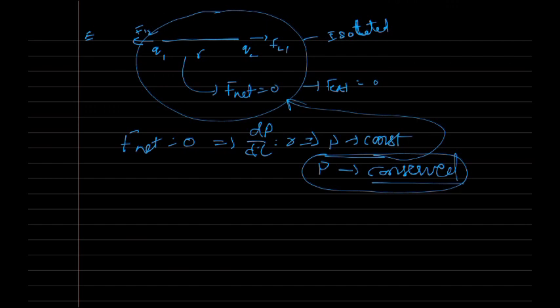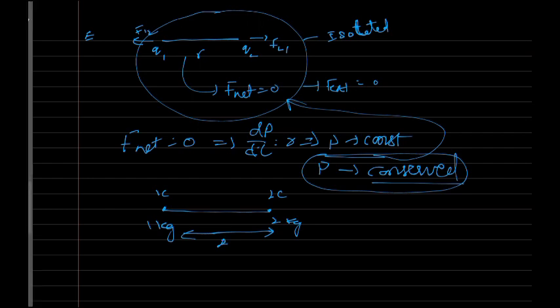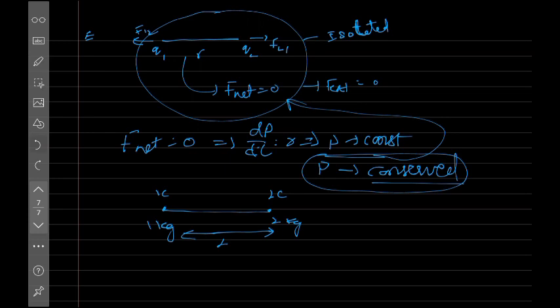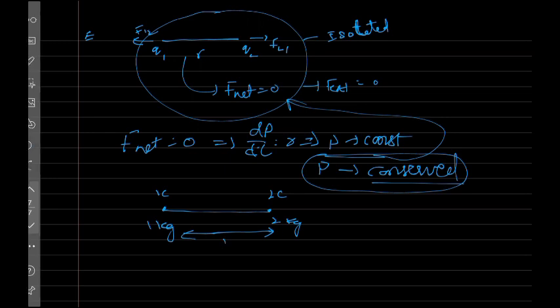So in order to make you understand this concept, let me take an example. Okay, so I have taken 1 coulomb of charge and 2 coulombs of charge, and the particles have masses 1 kg and 2 kg respectively, separated by a distance r. Let's say r is equal to 1 meter, for simplicity.